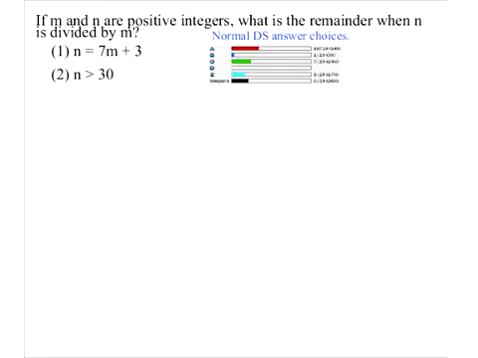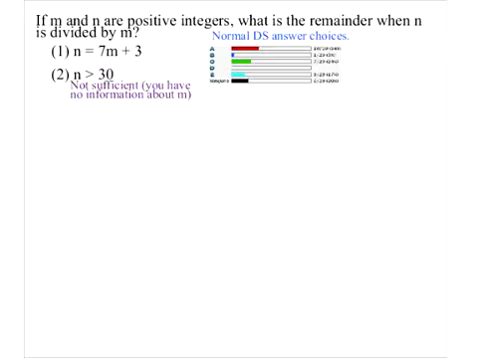Because this is not going to be sufficient because you don't have any information about M, and you definitely need information about M to solve this. Like, you can't find out a remainder on dividing by M if you don't even know what M is. So that won't be sufficient.